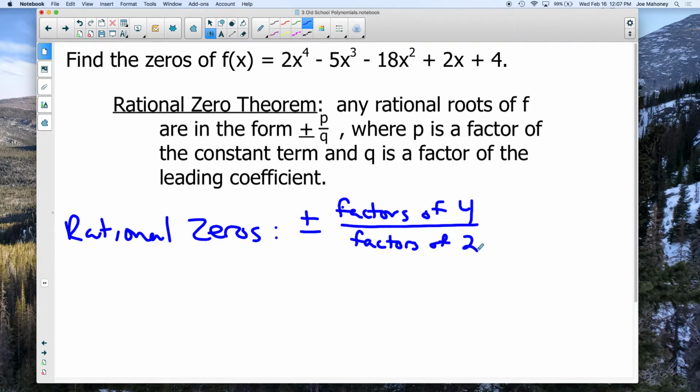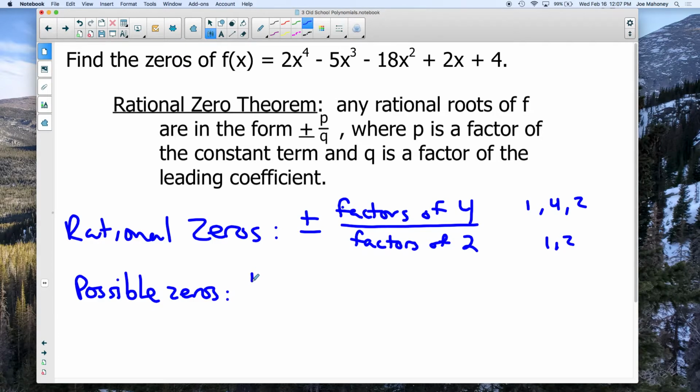If you think of the factors of 4, it's 1 times 4 and 2 times 2. And the factors of 2 are just 1 and 2. So some of our possible rational zeros, if they're rational, could be, and watch how I'm going to do this, I'm going to start with the different factors of the numerator and keep just one factor in the denominator.